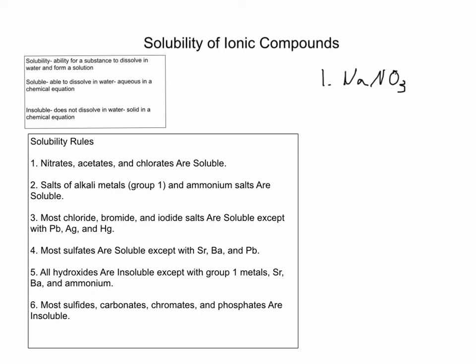Number 3, most chloride, bromide, and iodide salts are soluble, except with lead, silver, or mercury. So that means that something like lithium chloride is soluble, but if I had lead chloride, this is insoluble.